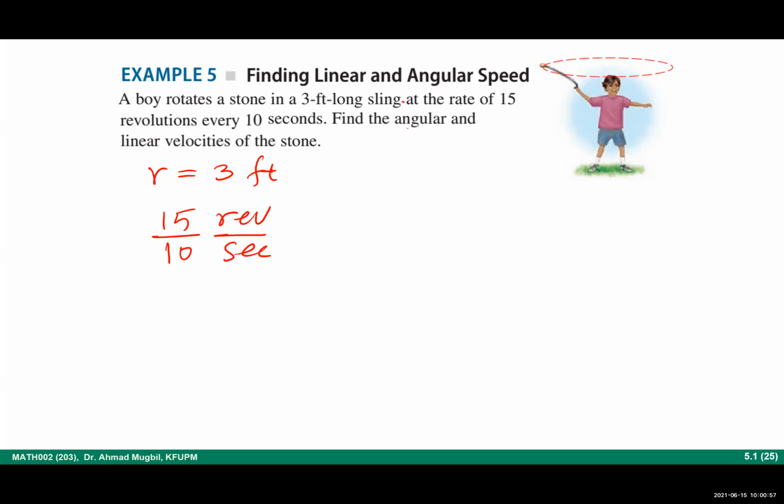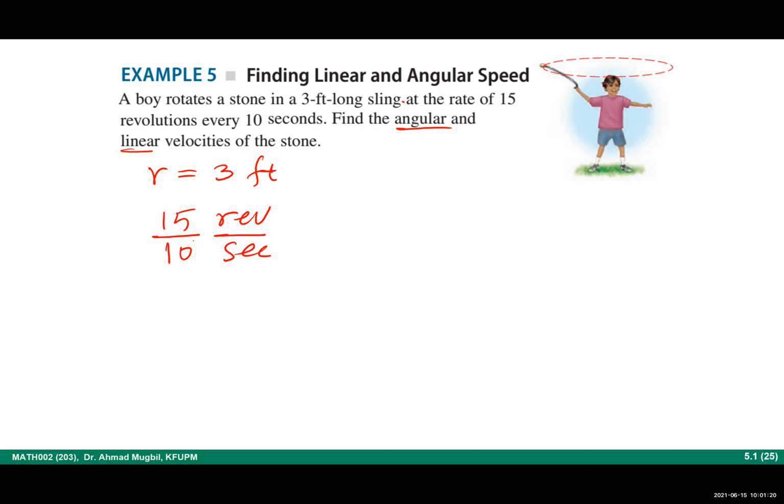The question is: find the angular and the linear velocities. By the way, velocity or speed: you know that the speed is the absolute value of the velocity, but in the case of circular motion, they are identical, because here we are not interested in the direction in this kind of motion.